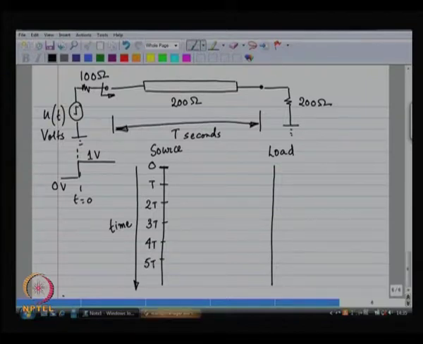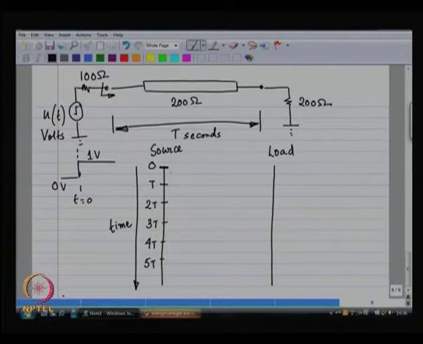So, this is how we do this computation. We put a bar for the source, one side for the load, and we plot the waveforms as a function of time and distance. So, this wave from 0 to 1 volt is launched initially at the source. The source resistance is 100 ohms. The medium looks like a resistor of 200 ohms.